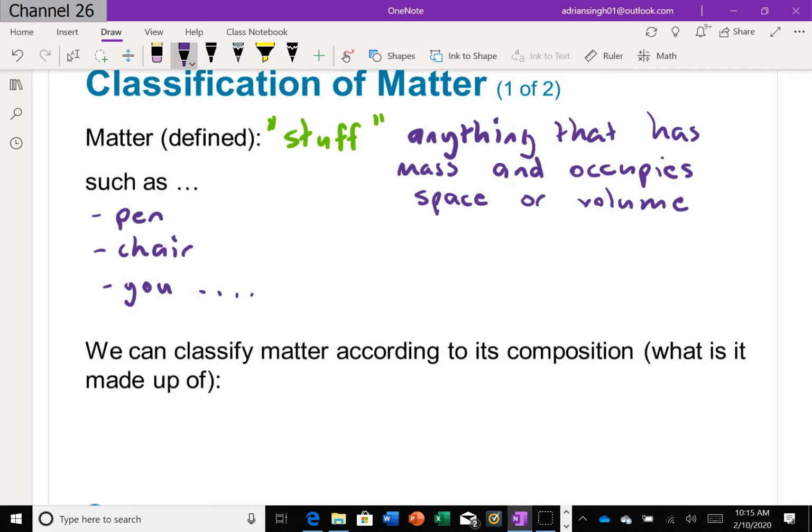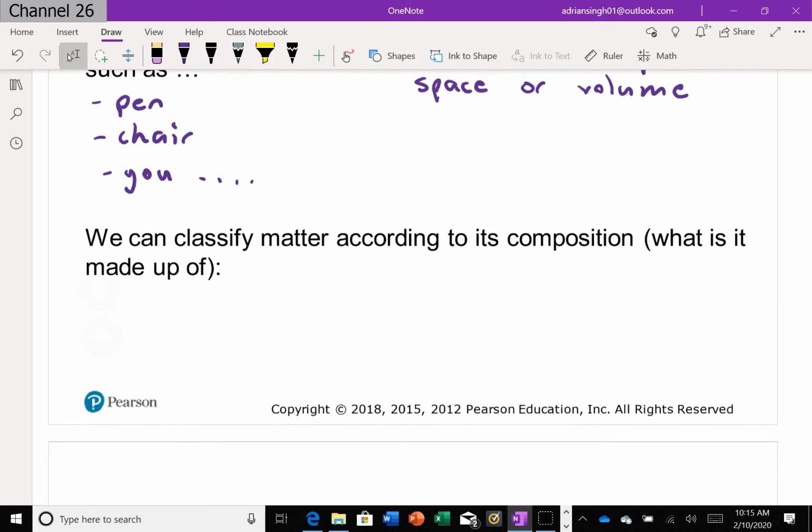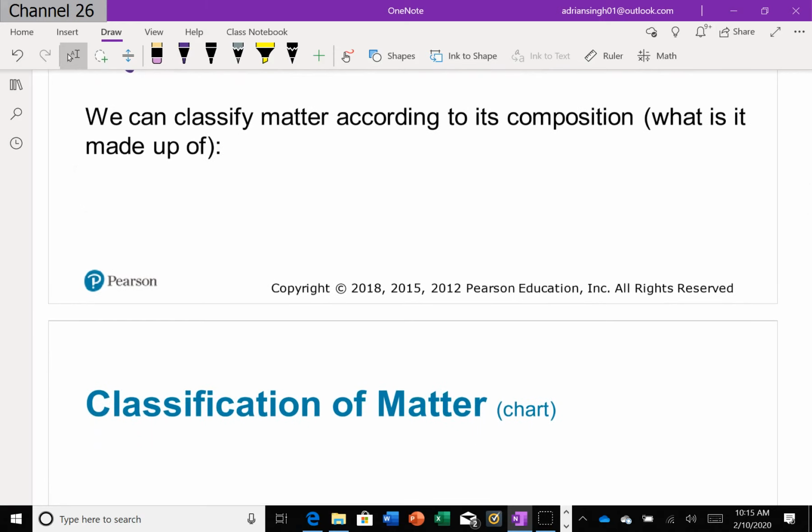So based on our definition of what matter is, we can classify it on a couple different levels. And the first way we're going to classify it is based on its composition, or what it is actually made up of. Right? And we're going to first of all take a look at two broad categories of matter.